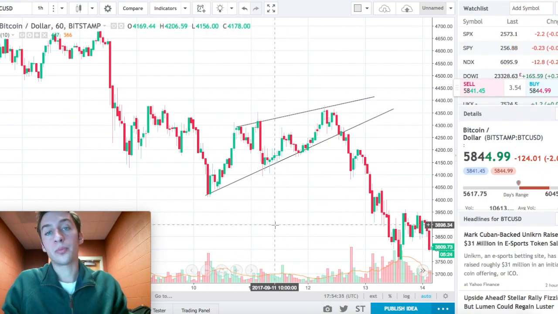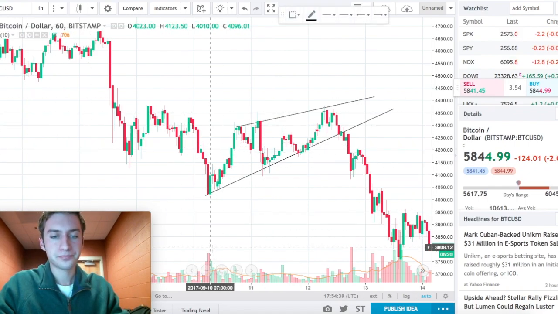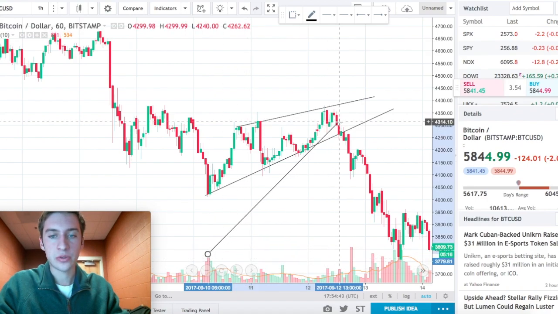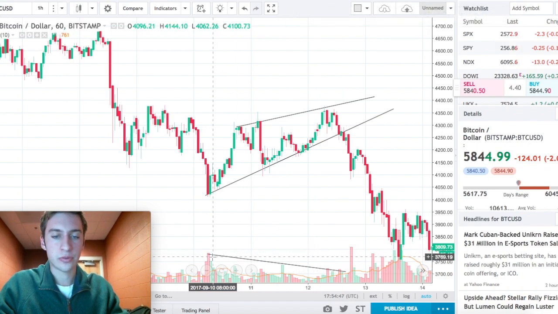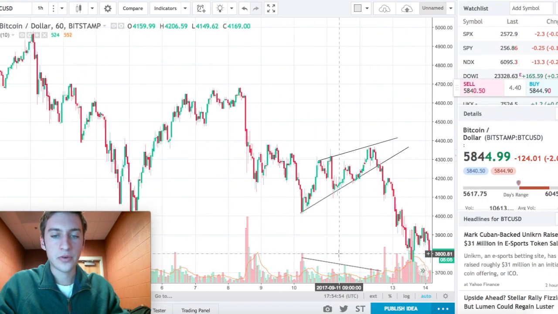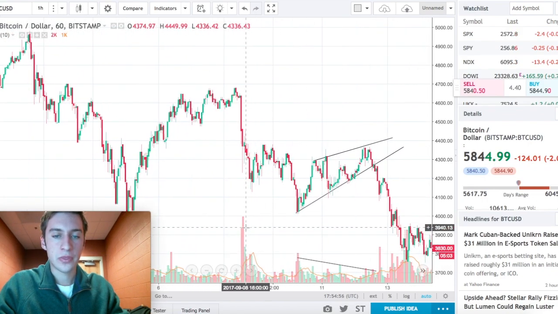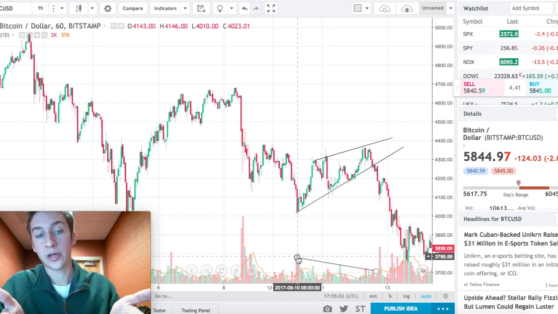But the most important part of a wedge formation is this, the volume. If I'm just going to draw a line of best fit down to the end of this wedge, we can see that volume really is falling and not doing too well. This line's going to move, as you can see there. But if I was to show you guys this, you can see that this is very high bearish volume, very energetic volume down to here until we get to that oversold point that I was talking about.